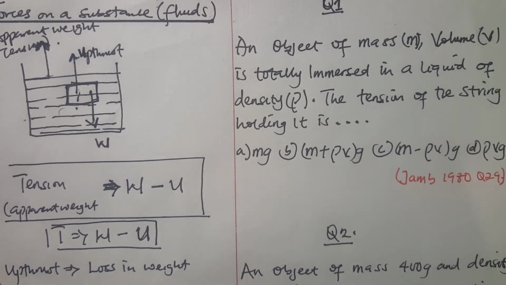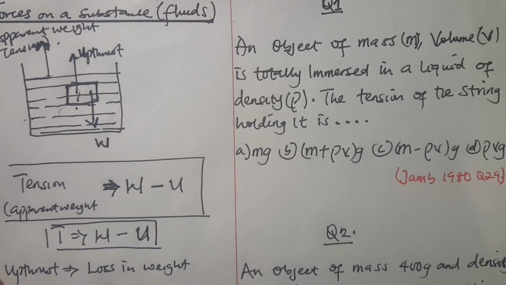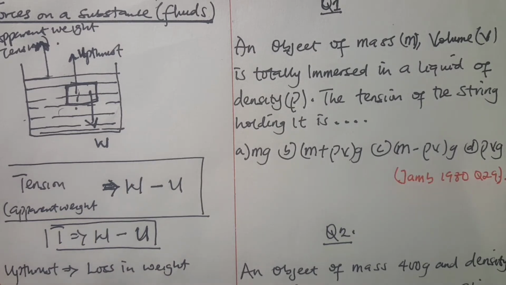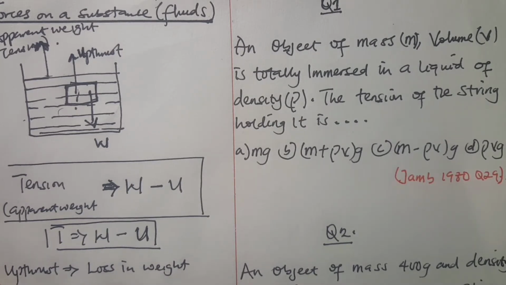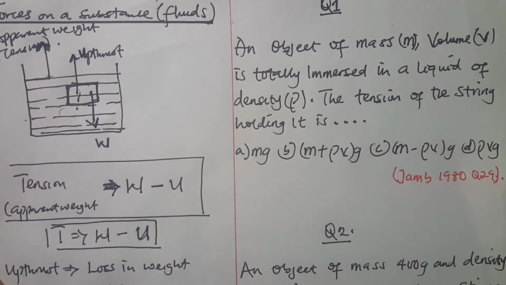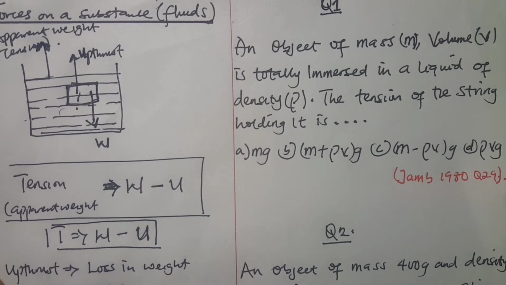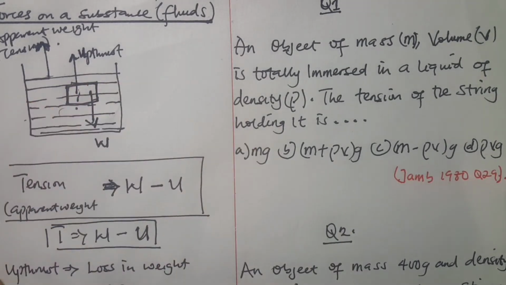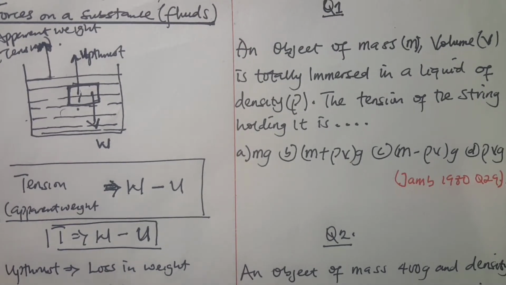So upthrust is given by the formula V rho G, whereby V stands for the volume of the solid that is immersed, the volume of this solid that is dropped in water. Rho is the density of the fluid, which can be kerosene or any other liquid, and G is the acceleration due to gravity, which we all know to be constant.